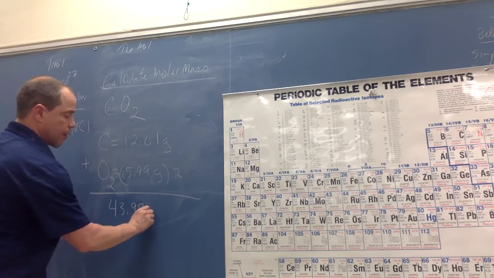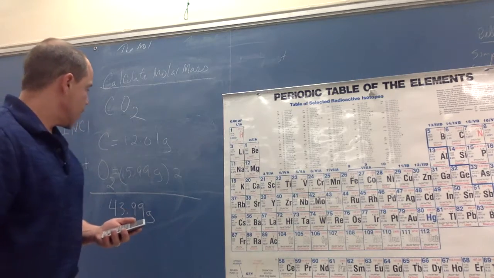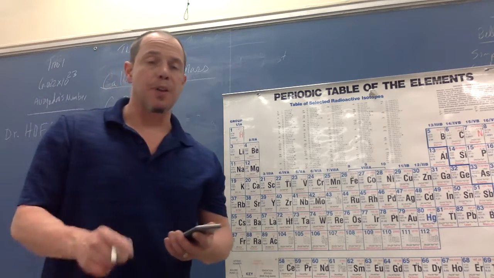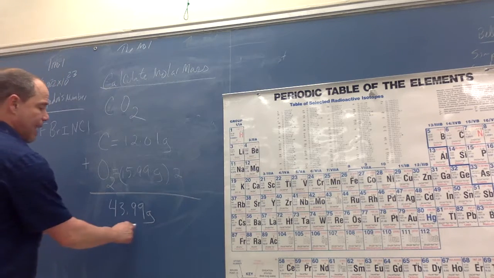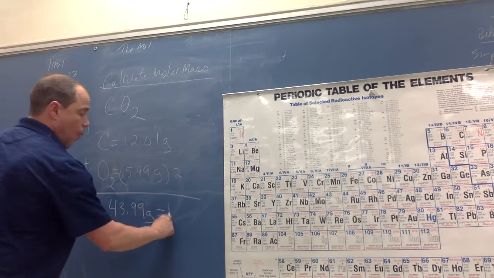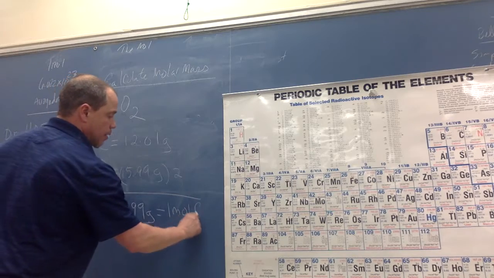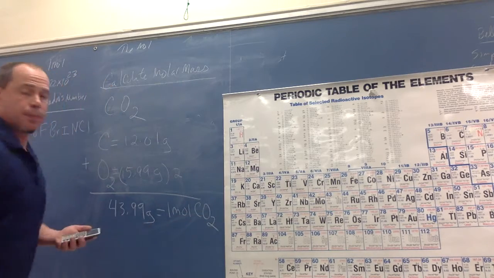And of course, I have the correct number of significant figures here, 2 places past the decimal. 43.99 grams equals 1 mole CO2. Pretty easy, right? Pretty straightforward for CO2.